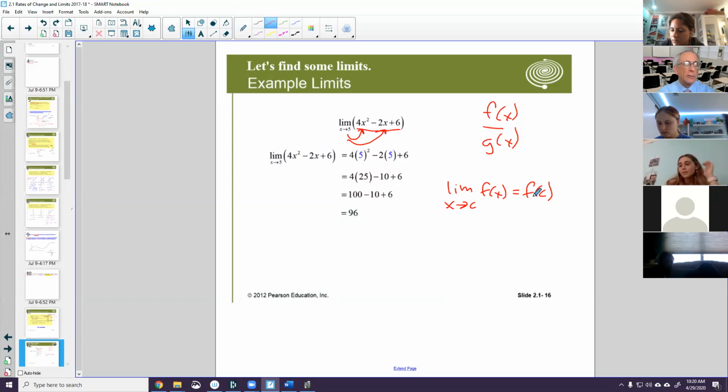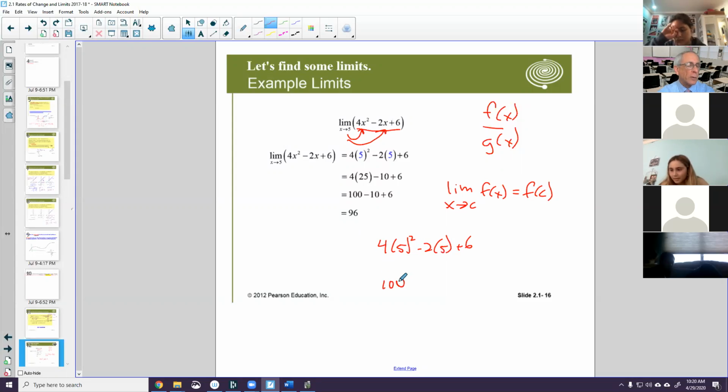It's equal to the function evaluated at c. So I'm going to take 4 times 5 squared minus 2 times 5 plus 6. So 4 times 5 squared is 100, minus 25 plus 6.